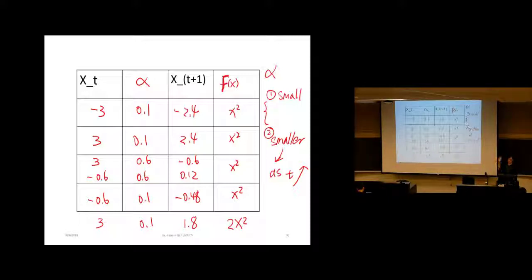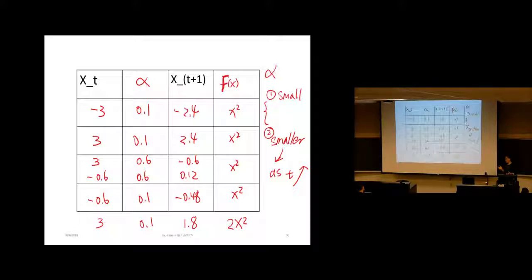So in the end, there are a lot of strategies to control the alpha. You make alpha small. It's one strategy. But it may be bad. If your alpha is too small, you might not converge even with many, many iterations.